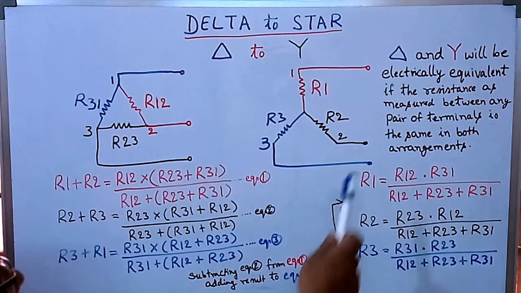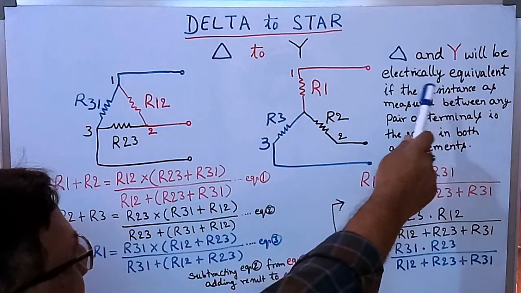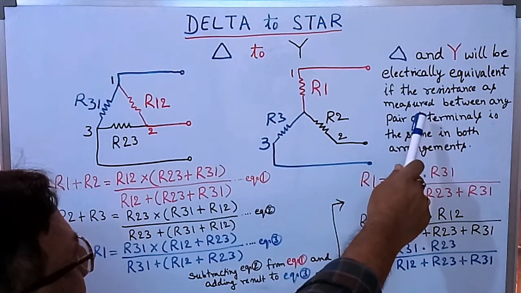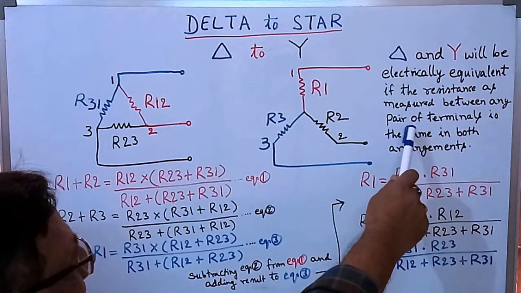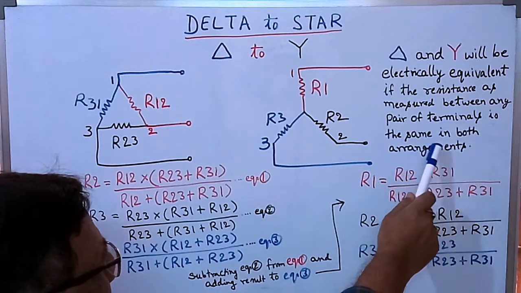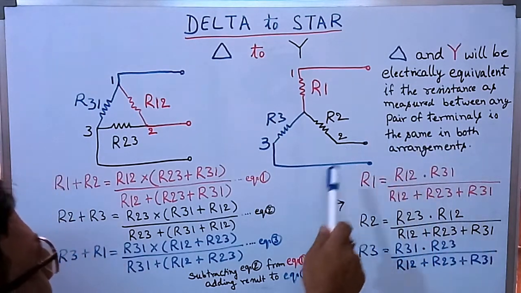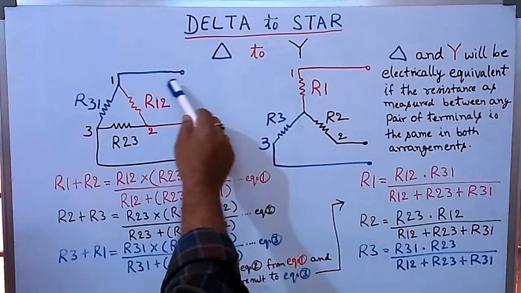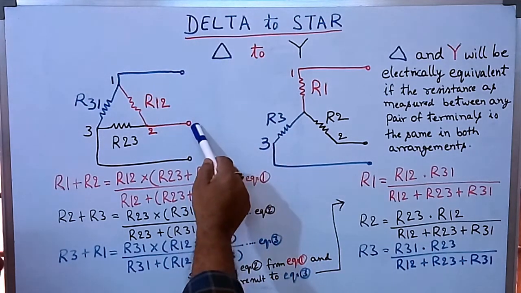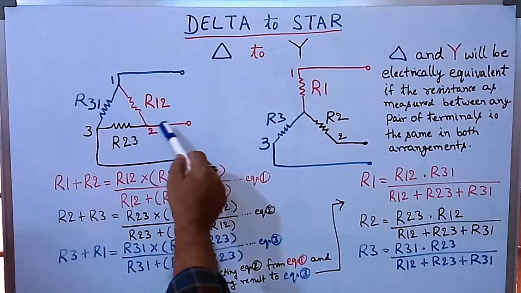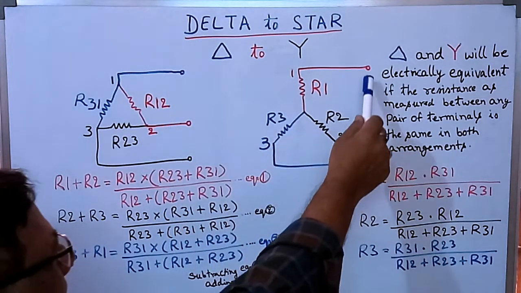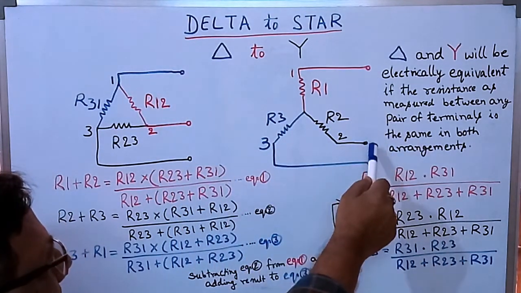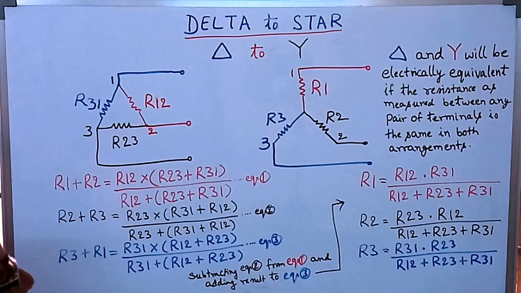Now, the delta and star will be electrically equivalent if the resistance as measured between any pair of terminals is the same in both arrangements. That means if we look from terminal 1 to terminal 2, the resistance should be equal to that between terminal 1 and terminal 2 in the star connection.